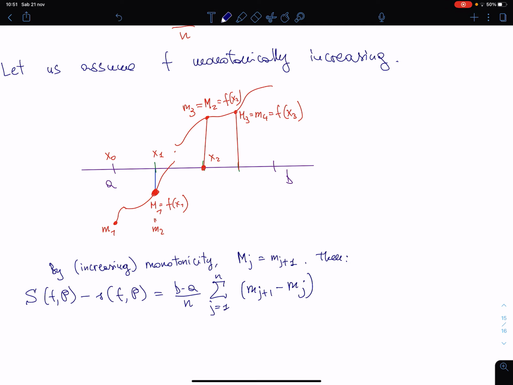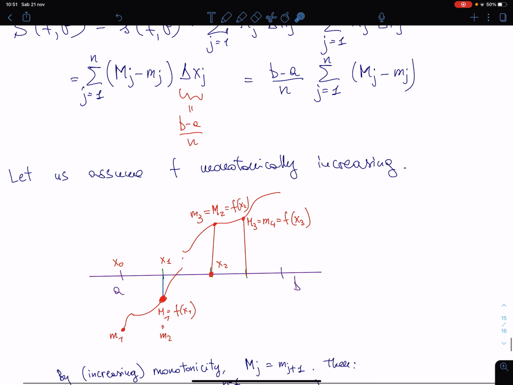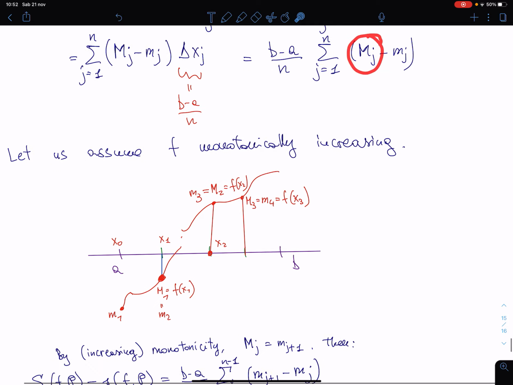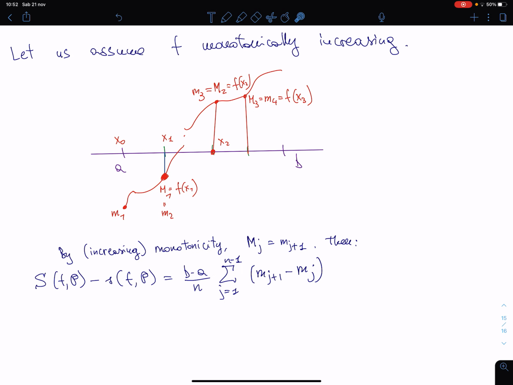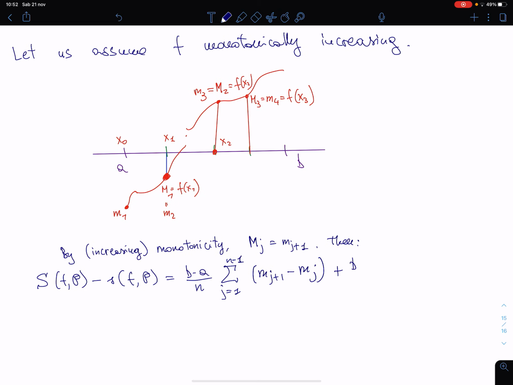This of course is true for n minus 1 here, because we have j plus 1, so we cannot afford j equal to n. Because for the last term, for the nth term, there is only the maximum surviving. So we can also add here plus b minus a divided by n capital Mn.